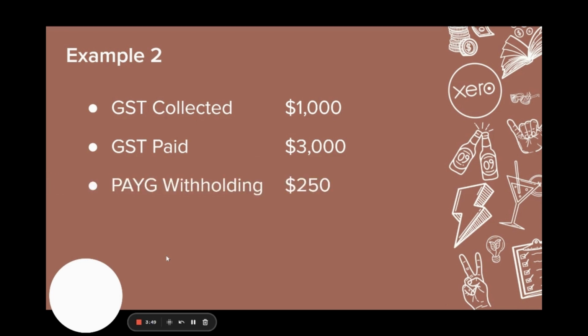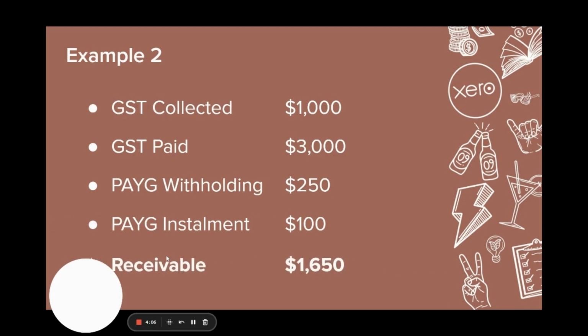We're then going to add the PAYGW of $250. We're going to add a PAYGI of $100, which leaves us with a refund. So in this instance, the ATO owes us $1,650 because we had that big amount of GST that we had paid out.